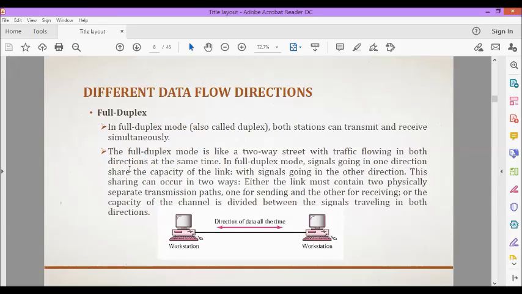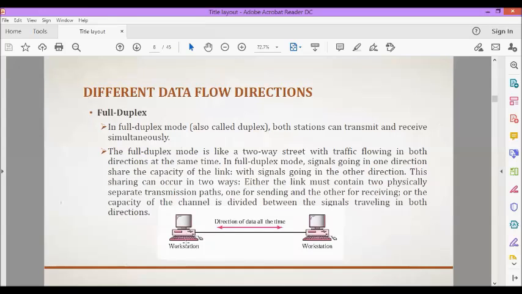In full duplex mode, signals going in one direction share the capacity of the link with the signals going in the other direction. The sharing can occur in two ways. Either the link must contain two physically separate transmission paths, one for sending and the other for receiving, or the capacity of the channel is divided between the signals traveling in both directions.